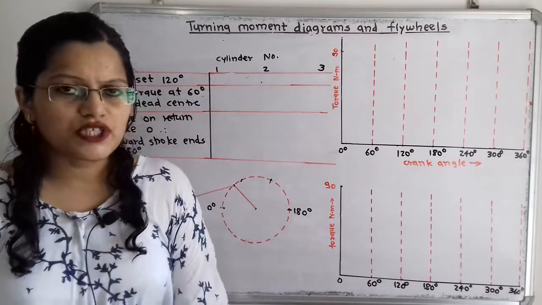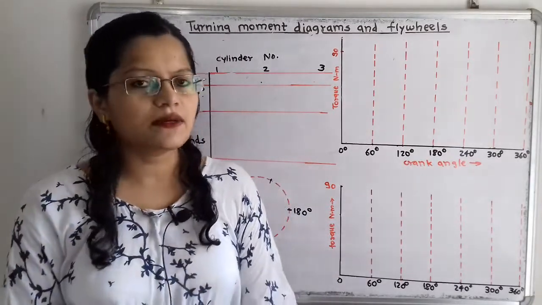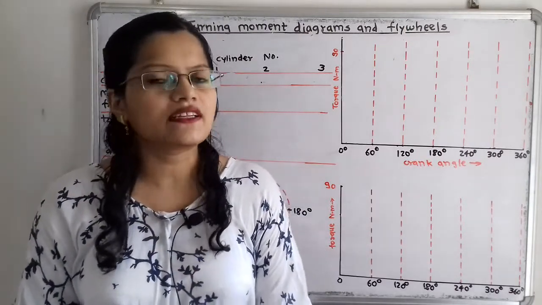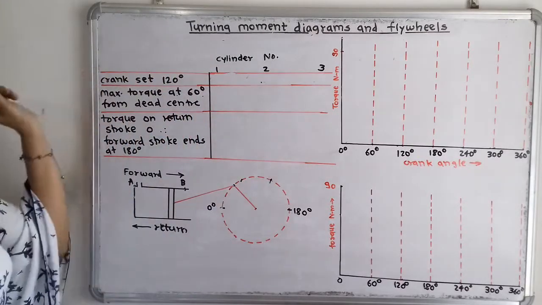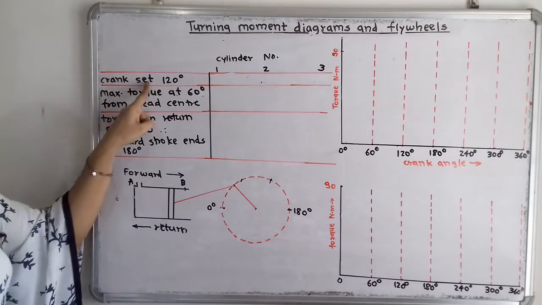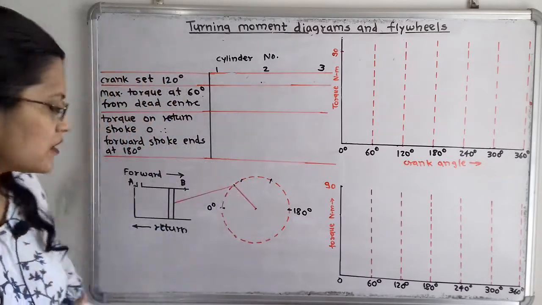Now in this question the total number of cylinders is 3, and there is a condition given on how they are arranged. The first condition is that the cranks of the cylinders are set 120 degrees apart.